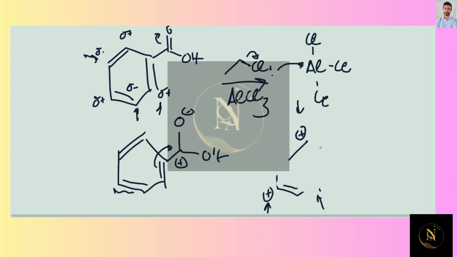And it may not actually be exactly like this, where we have this isolated anion or cation floating around in solution, but that's practically what will happen. Okay. So we just need to attach this to a meta position on the ring. That's pretty much all there is to it.